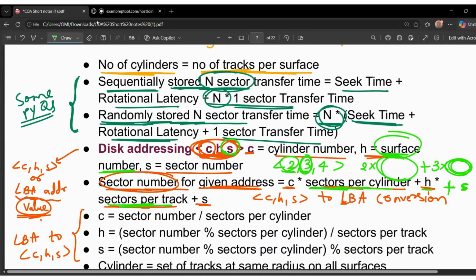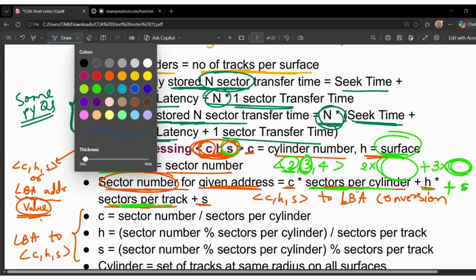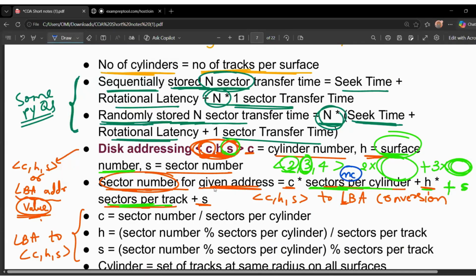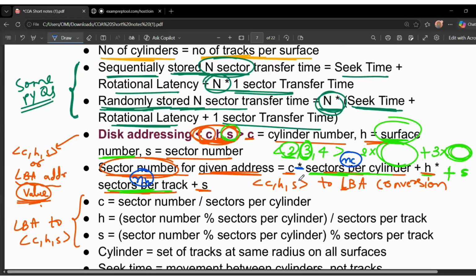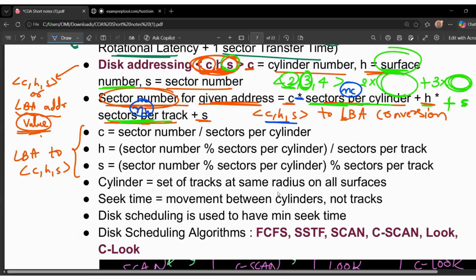So this is your NC, this is your NH, and this is your S. But see here, you are doing multiplication, so you have to divide to get the CHS. That's why we are dividing.